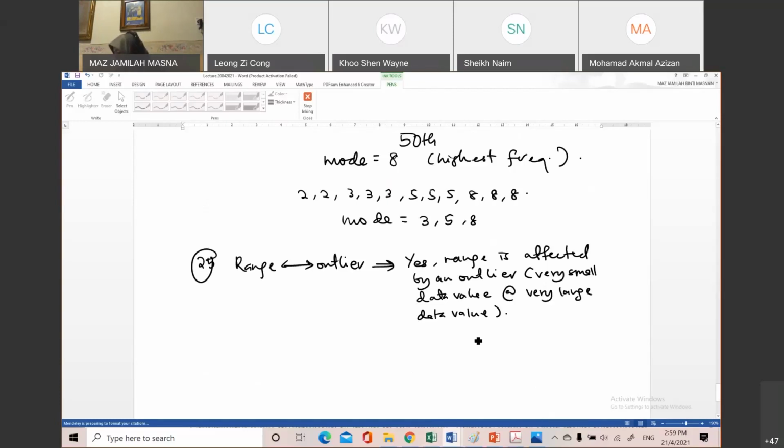So look at the question using box plot, number 11. Okay, let me snap the picture. Forgot to snap the picture.